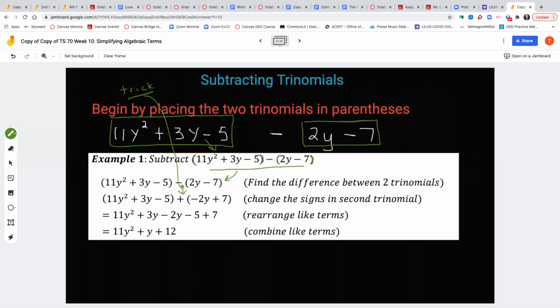So it's plus. And then this is where it gets a little tricky. I got the minus 2y, so that became this right here, the minus 2y.